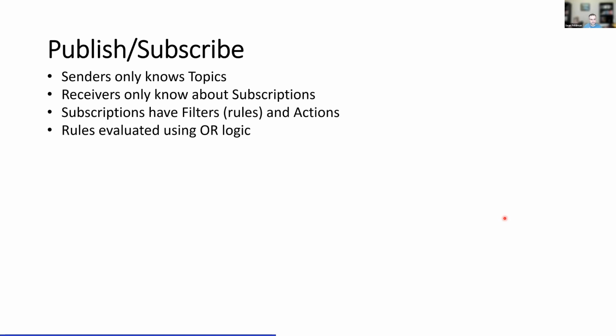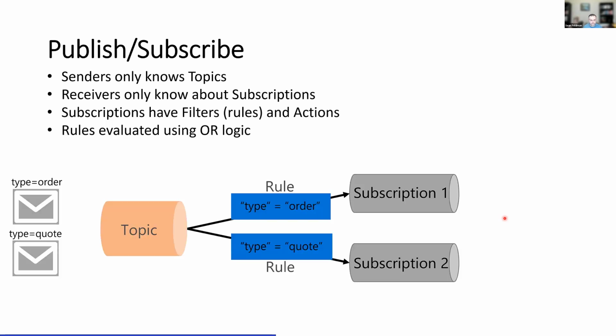Because a single topic might be broadcasting multiple things. I guess the equivalent of a filter would be a rule for what programs I'm listening to on a given radio station, right? I'm only listening to the news, right? Everything else I don't care about. So these are the rules.